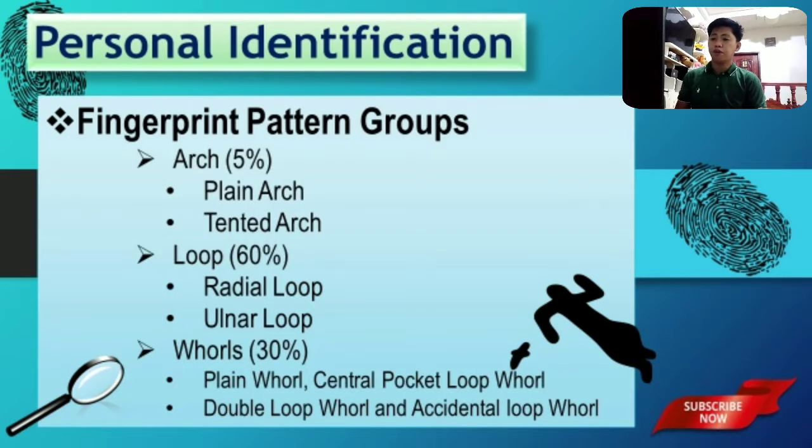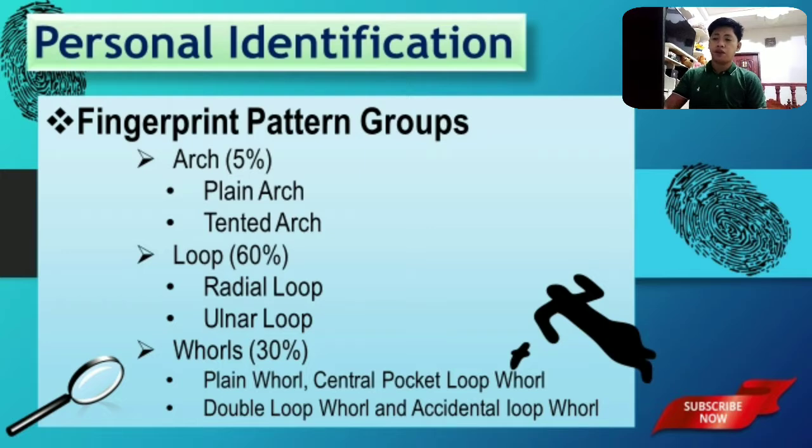For the fingerprint patterns, you know that there are actually 9 fingerprint classifications, but those classifications are grouped into 3 families, the major family patterns: arch, loop, and whirls.